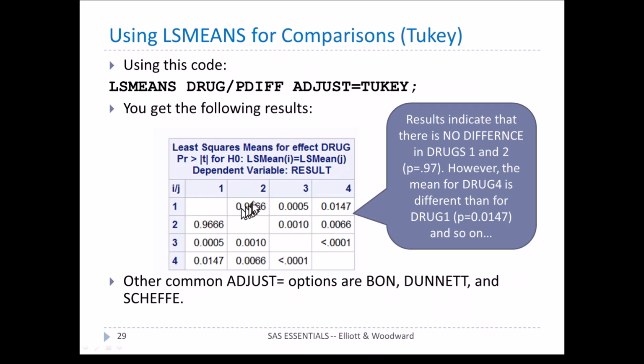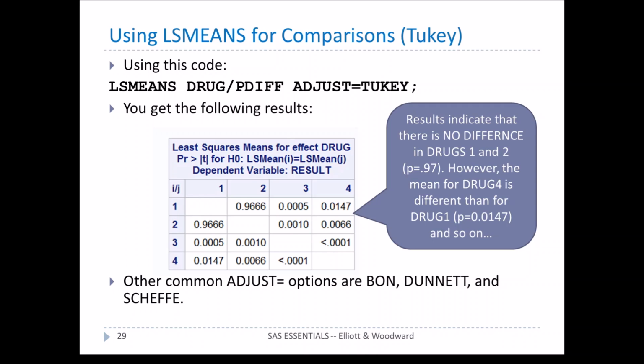Well, then 1 and 2 are not statistically significant, or not different. However, 1 and 3 at 0.0005, 1 and 3 are different. And so this table allows us to do specific pairwise comparisons of any pair of drugs that we're interested in.